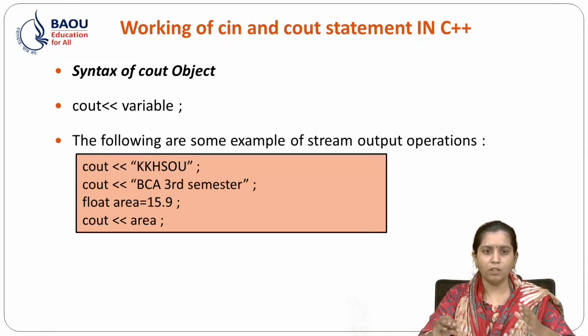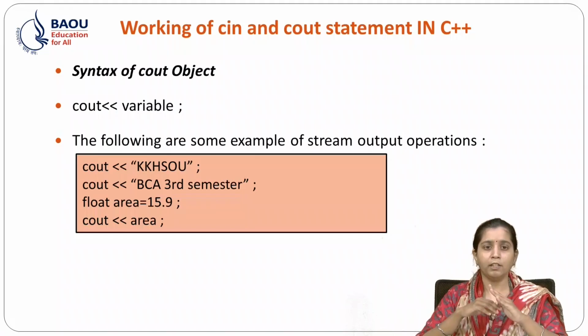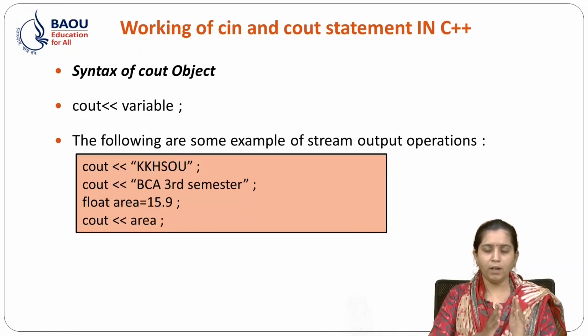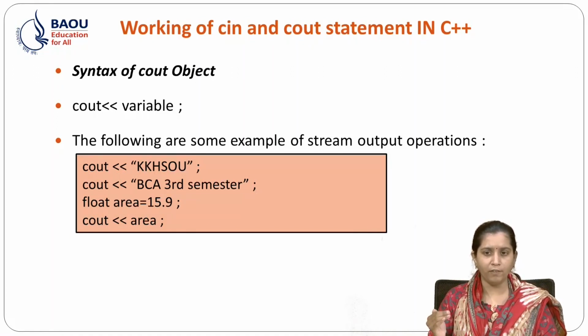This will simply display on the screen, that is, BCA third semester. Float area is equal to 15.9. In the area variable, 15.9 is stored, and when I write cout, then insertion operator and then area, I will get 15.9 on my screen.